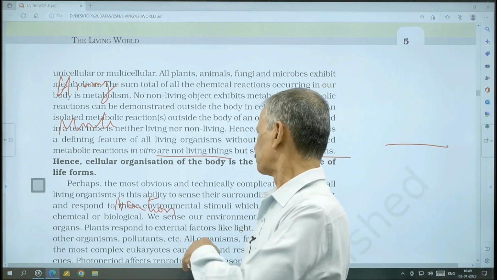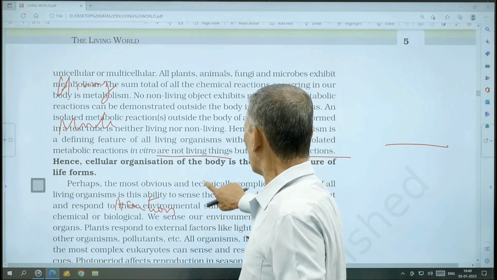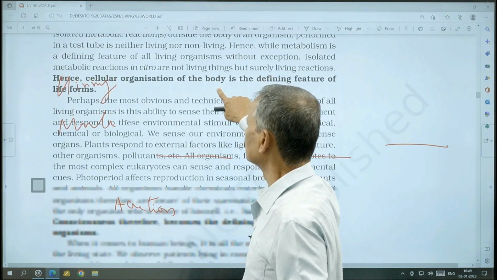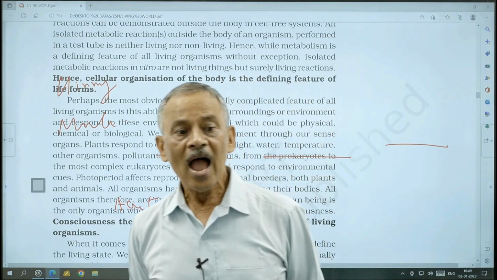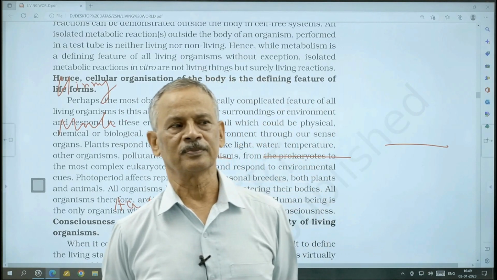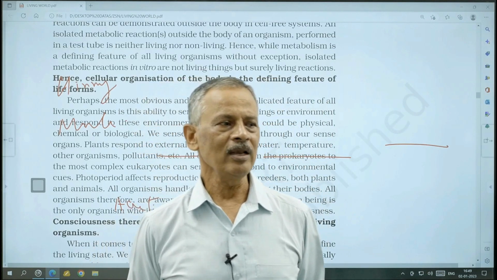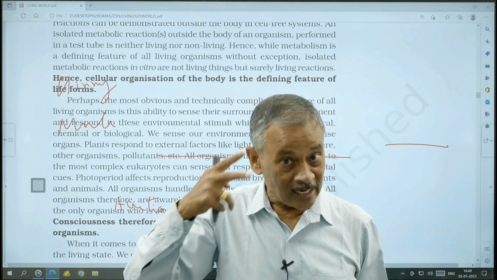Second one, all living things are capable of understanding what is happening in the surroundings and making adjustments according to their surroundings. Not only are they understanding what is happening, but also making adjustments in their body.